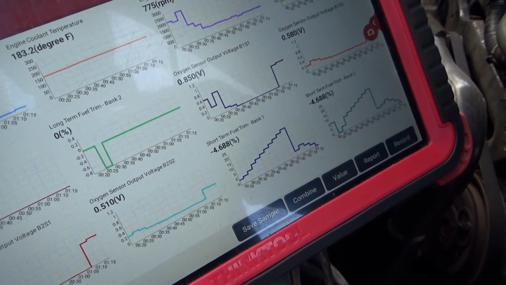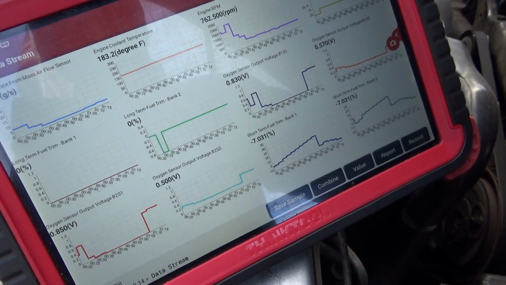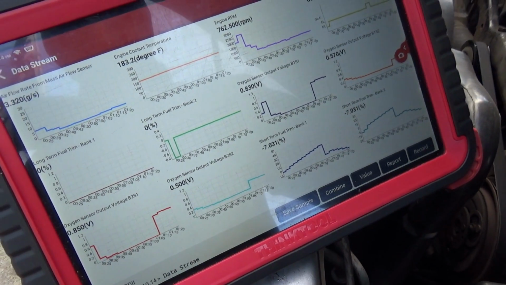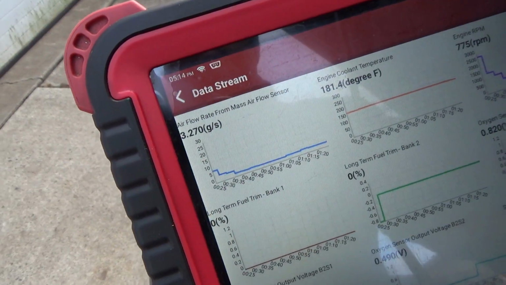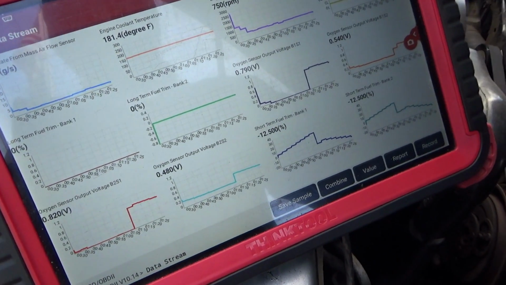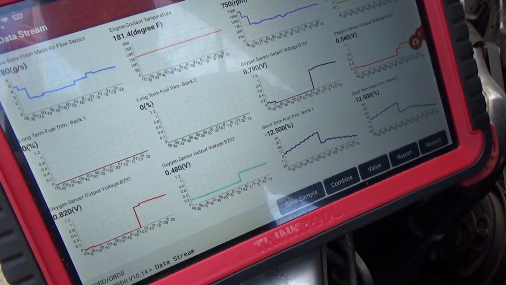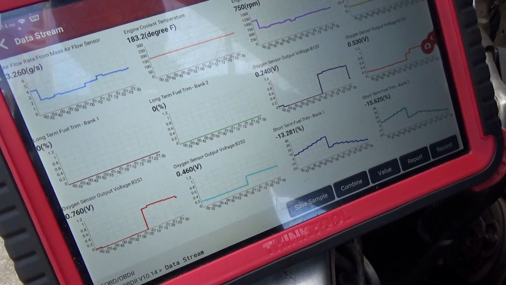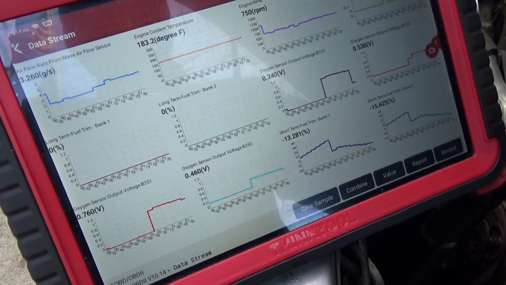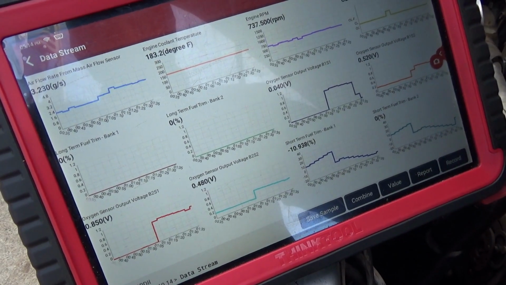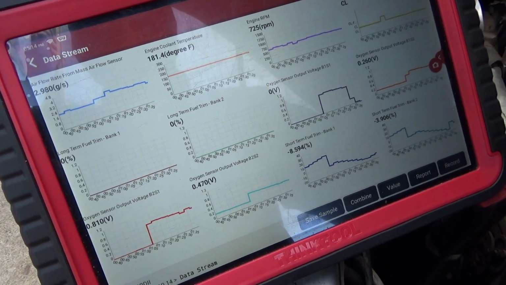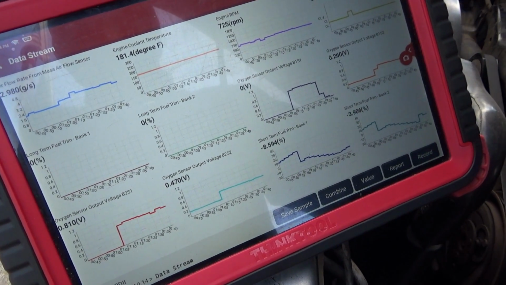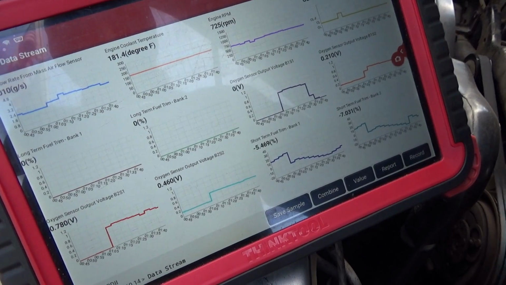Now we're going negative. See how sensitive these cars are to a proper mass airflow sensor reading? Now we're about 3.3. We're still dropping negative a little bit. Right there seems to have stabilized.